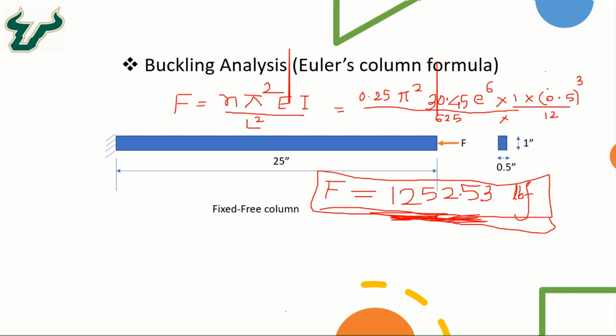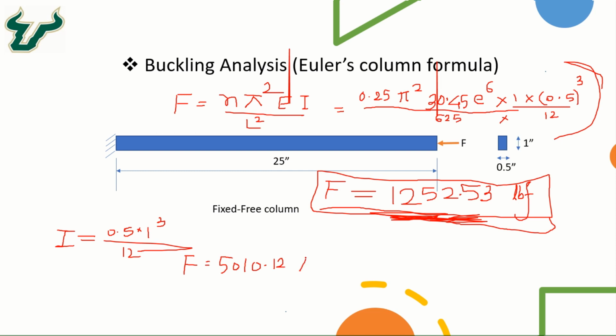Similar to the previous one, if we change the orientation of the beam to find a different mode of buckling, we change I to 0.5 times 1 cube over 12 in this equation and recalculate the critical buckling load. We end up getting the value of 5010.12 pounds force.